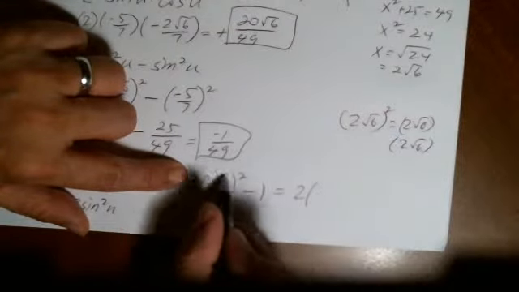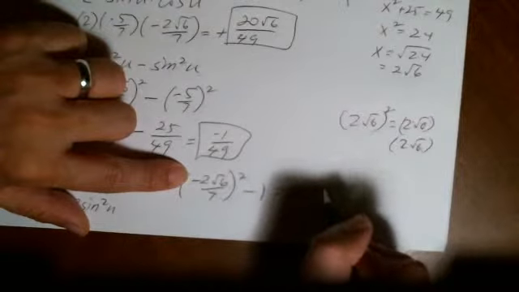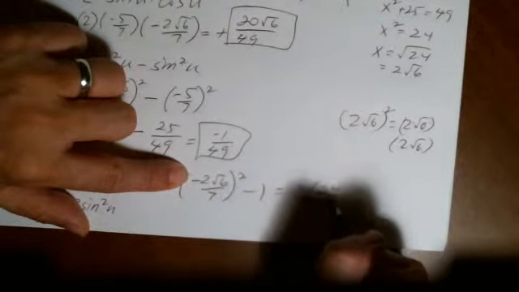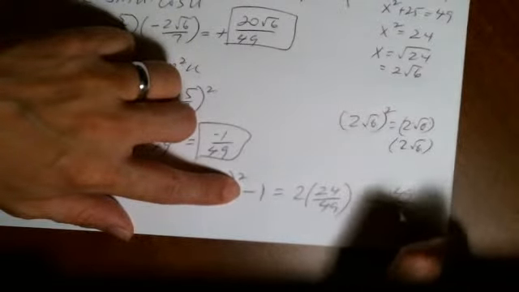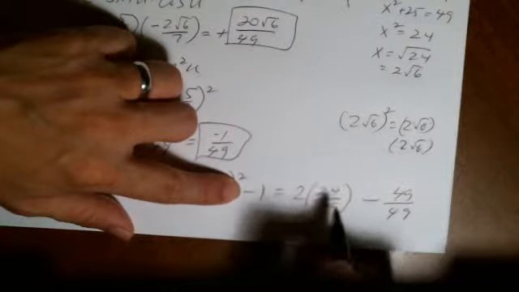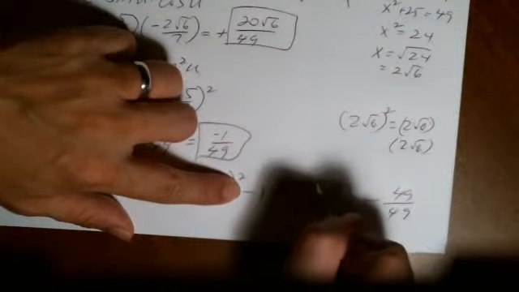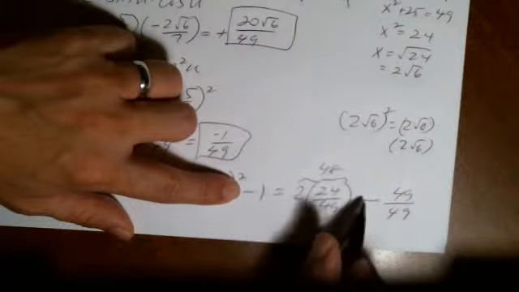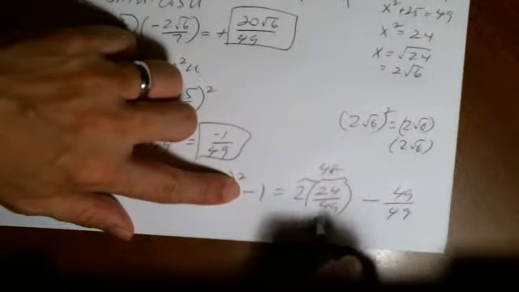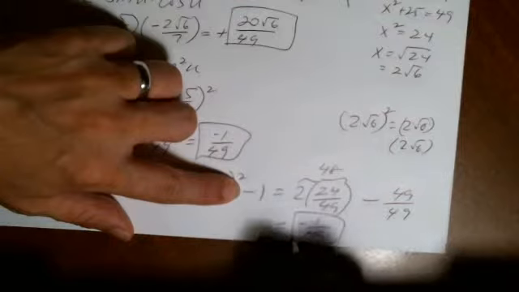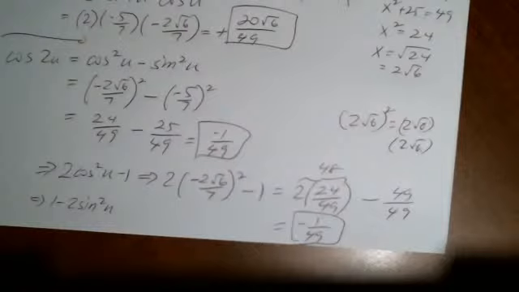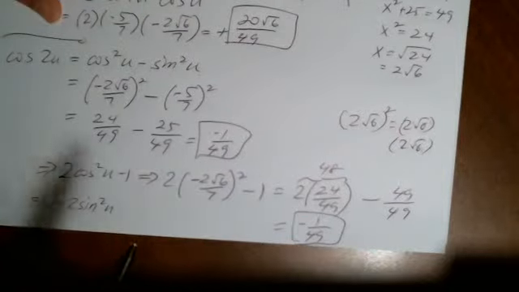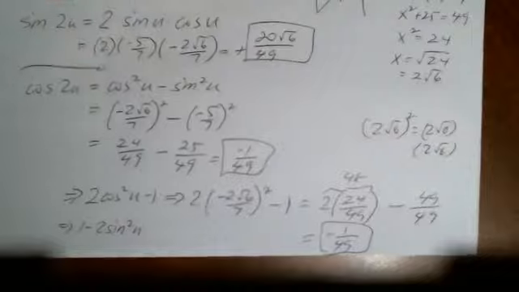The negative cancels because a negative squared is positive, so it's going to be 2 times 24 over 49, which is 48 over 49, minus 1, which is 49 over 49. That is negative 1 over 49. Oh, it did match up. This is the first time I'm doing this problem, so I'm not quite sure if the numbers were correct on this one. Okay, so let's try the third problem right over here.